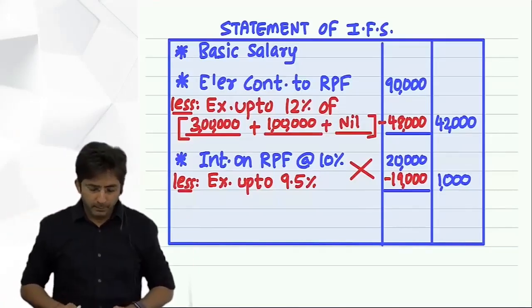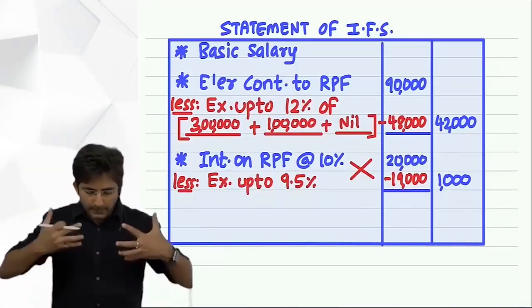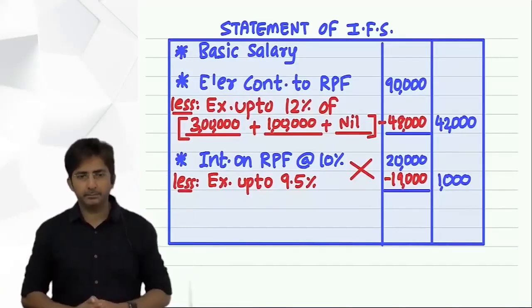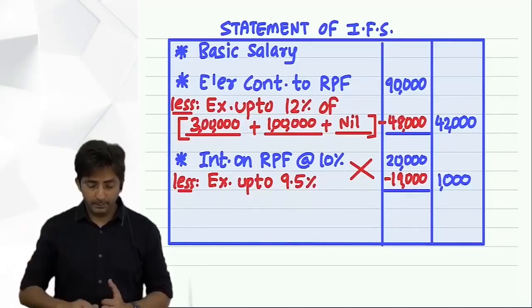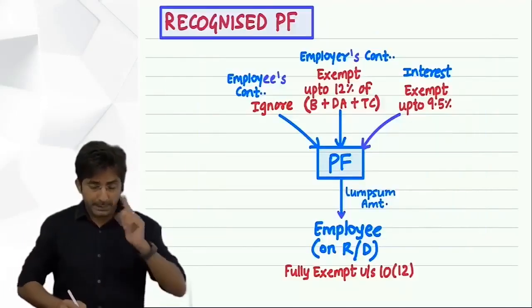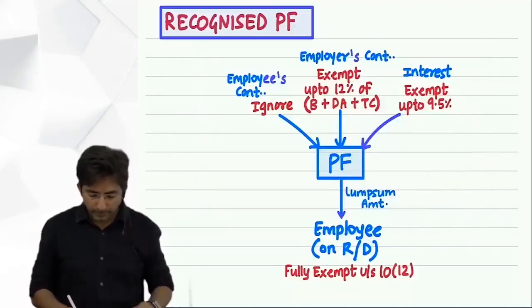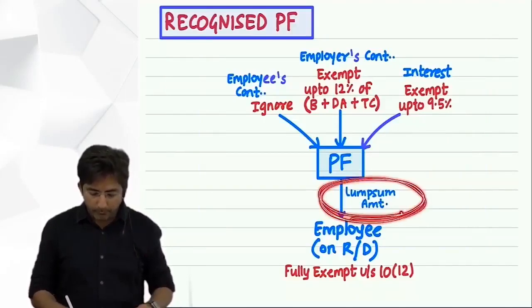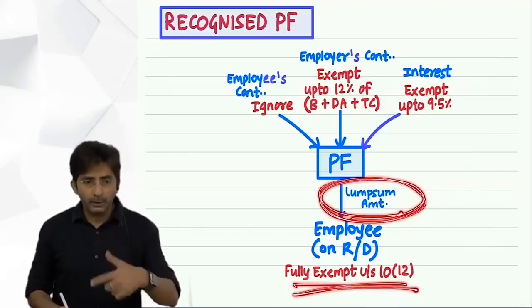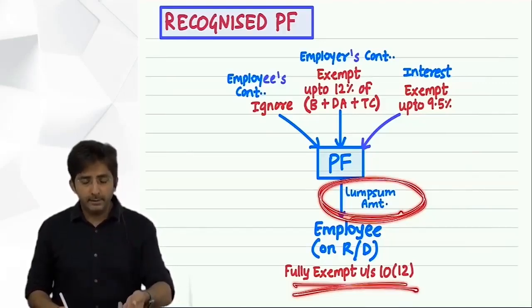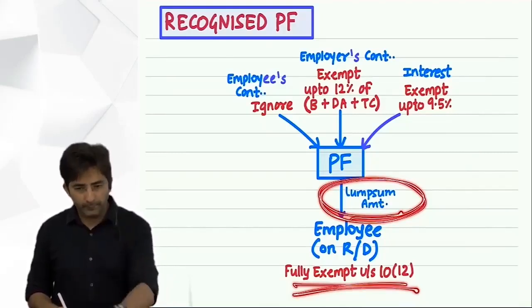Okay. Tell me, how will you express this in proper language? Because in the exam, you have to write the paper in English. Okay. So, listen carefully how I am saying. Lump sum amount received from RPF is exempt under section 10(12) provided the employee has rendered service of minimum 5 years.